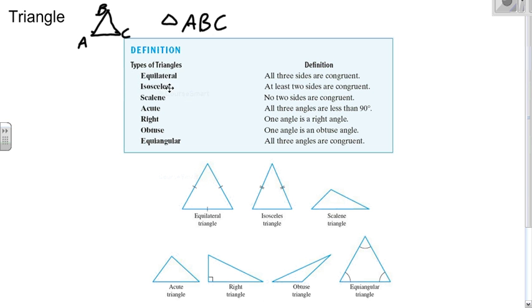There are special types of triangles. Equilateral means that all 3 sides are congruent. Similarly, equiangular, all 3 angles are congruent. There are examples of both down here. Isosceles has at least 2 sides congruent. Those sides are called the legs.